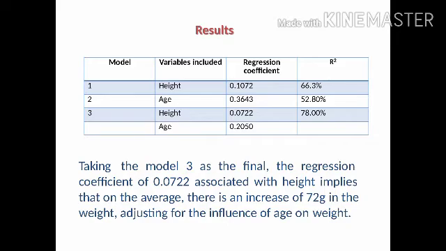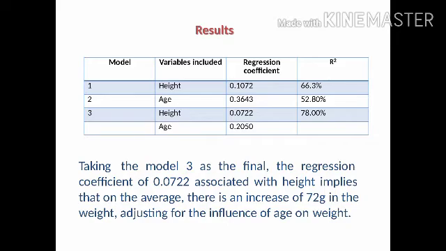The corresponding regression coefficient is 0.3643 and the coefficient of determination is 52.80%. In the third model we include both independent variables, height and age. The regression coefficient for height is 0.0722 and for age is 0.2050. The corresponding coefficient of determination is 78%.